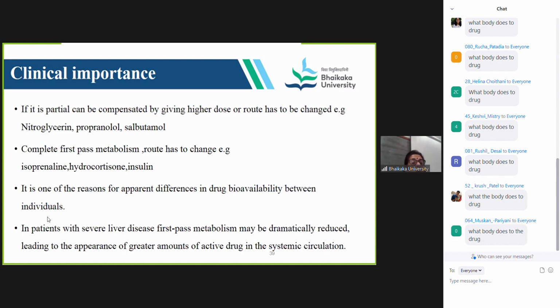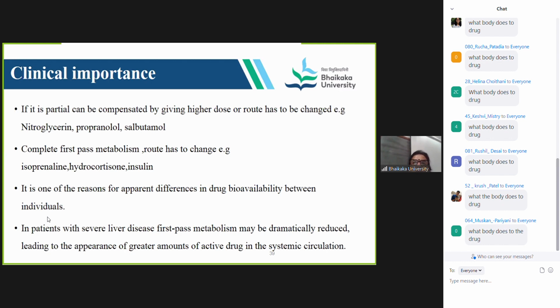Sometimes there is complete first pass metabolism. The drug which follows complete first pass metabolism is sure to be metabolized through the liver and the gut. So here the route has to change 100%. Now you can see that isoprenaline, hydrocortisone and insulin are drugs which are not available orally.